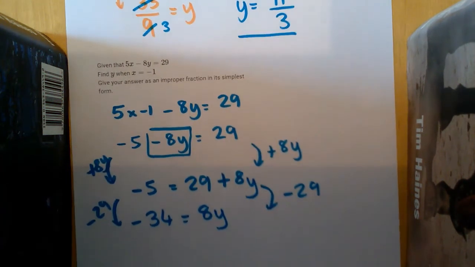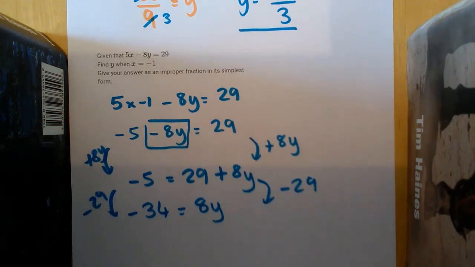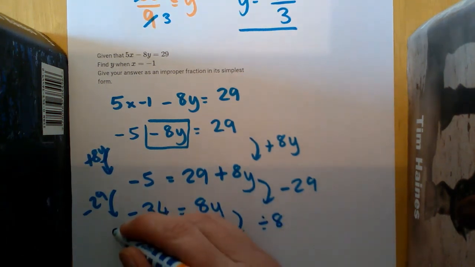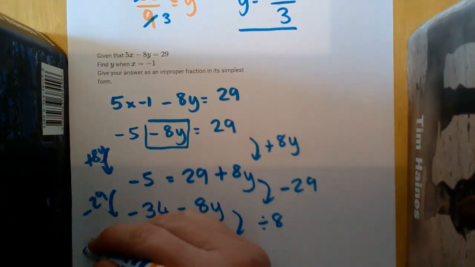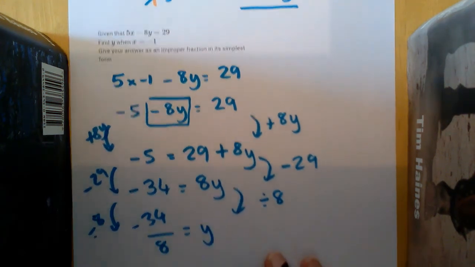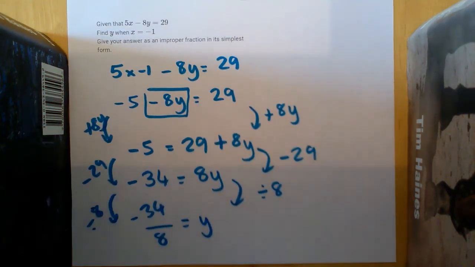And then my final step is to divide by 8. So we divide by 8, and we end up with minus 34 over 8 is equal to y. Again, it's got to be in the simplest form.